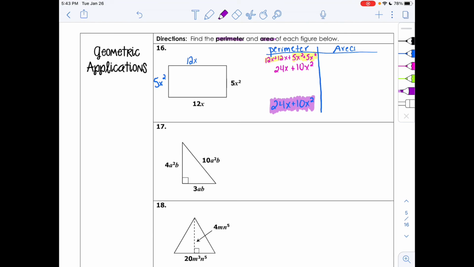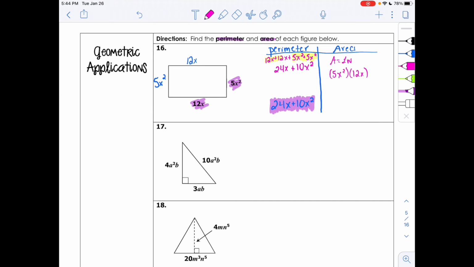Now for area, we have to remember to find area of a rectangle that is length times width. So for this one, I just need two of my numbers, my length and my width, 12x and 5x squared. So to multiply that, I would put both in parentheses, 5x squared times 12x, and then I'm going to multiply my coefficients.